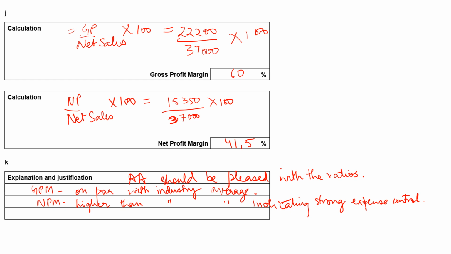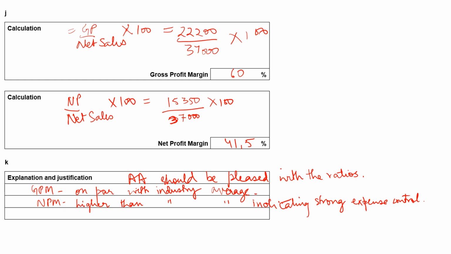profit margin 60%. And remember, that's the same as the industry average given to us in the question. Okay, and net profit margin is 41.5%, which is higher than the margin given to us in the question, which is 30%. So the explanation in part K is that yes, Antique Arts should definitely be pleased with the ratios.